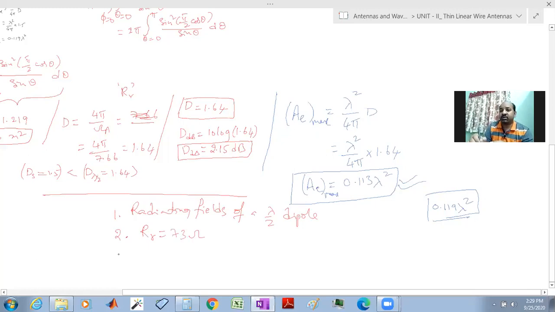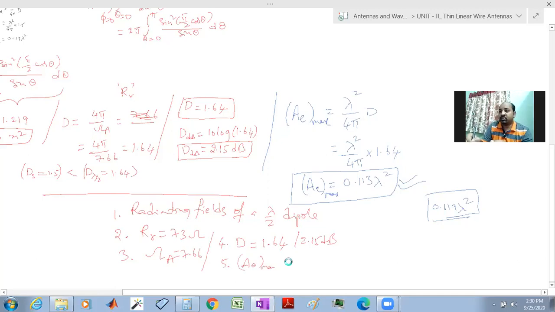We have derived the radiation resistance of a half wave dipole, which is very important. Then the beam area, which we have determined. And from the beam area, fourth, we have determined the directivity, which is 1.64, or 2.15 dB.